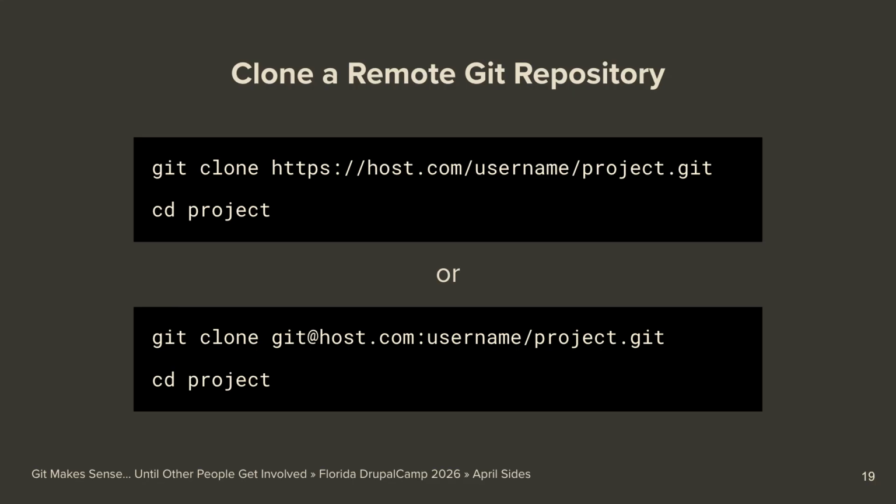And then you can change your directory, cd, into your project directory. This is just an example. So there's two different options, HTTPS or, I can't remember what this one's called, is it SSH? Yeah. Two different options. I don't know the details about which one to use, but usually it's based on whatever your company or your project team is using.